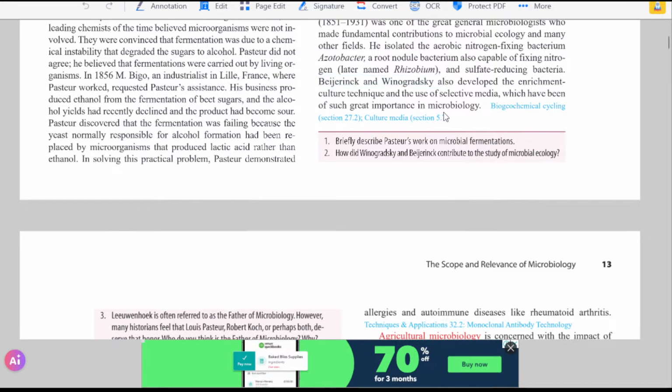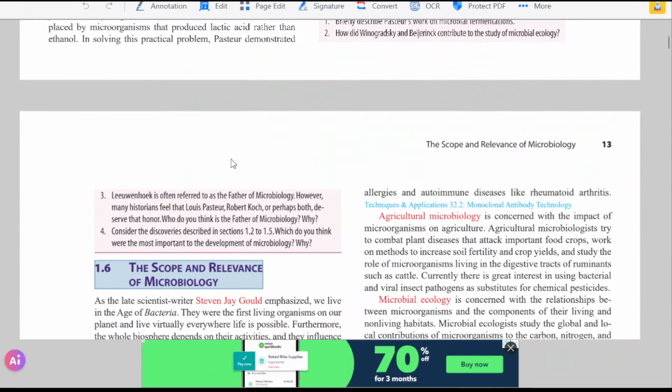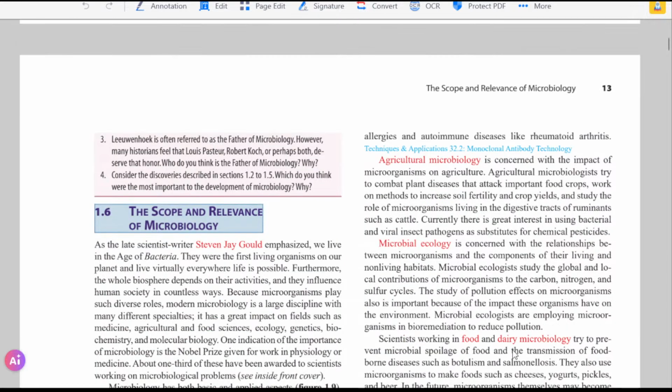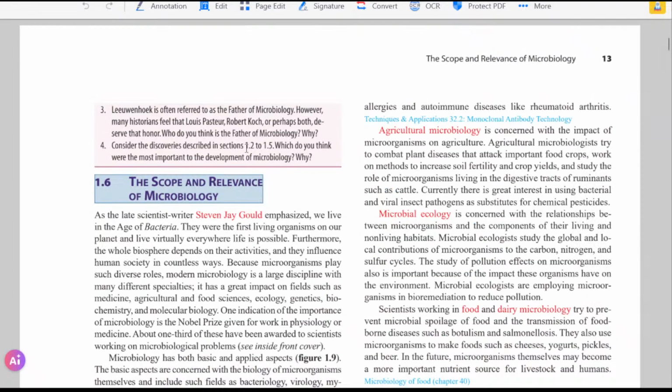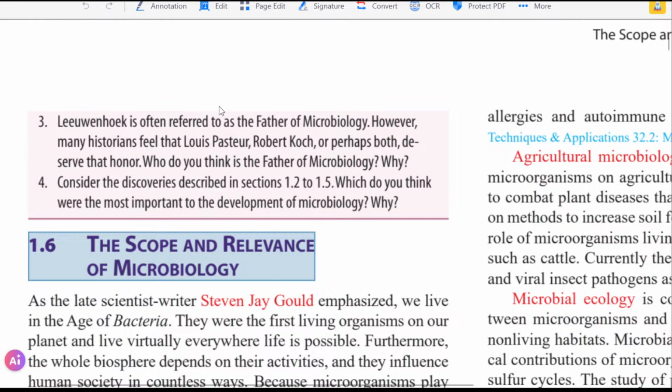This is a specific type of media in which we enhance some nutrients and decrease others to make it selective for some organisms and not for others. Like for halophiles, the salt loving organisms, we increase the salt quantity in the nutrient media, so organisms other than halophiles don't grow in there.